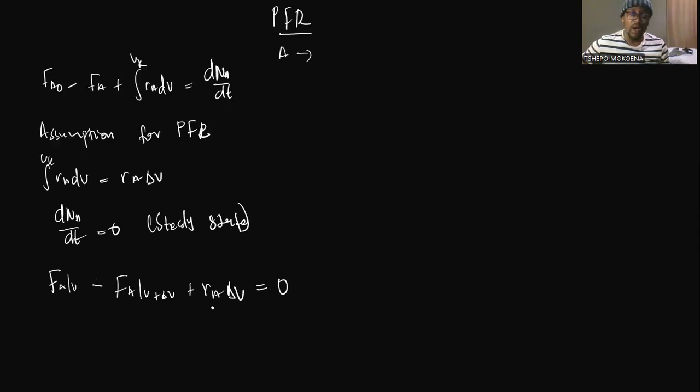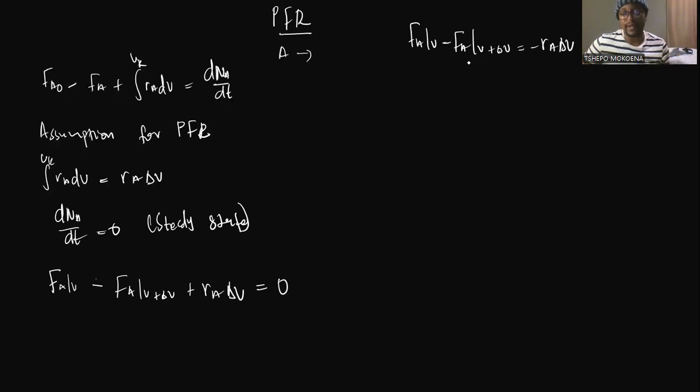So now here what we're gonna do is divide both sides by ΔV. We're gonna transpose this one. So we're gonna have FA at V minus FA at V plus ΔV is equal to negative RA ΔV.